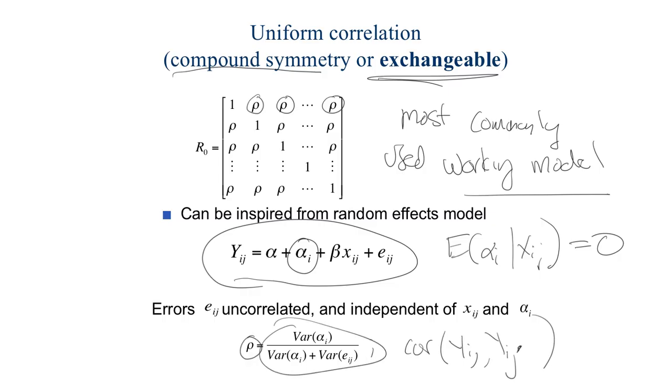It's equal to the variance at the person level, the variance of alpha_i, over the variance of alpha_i between plus within, which is the total. So it's between over total variance, and that is equal to the correlation in this case.